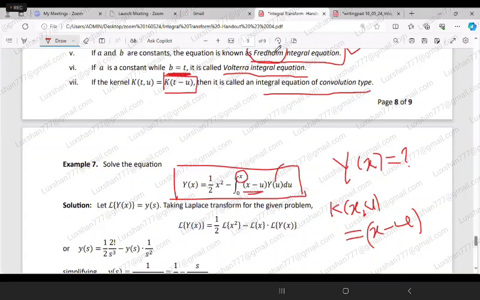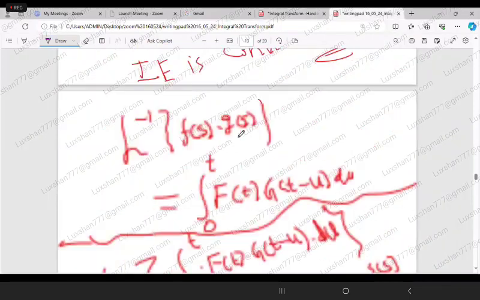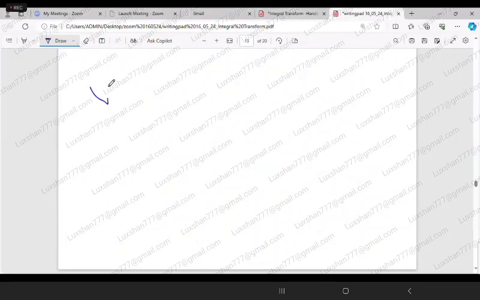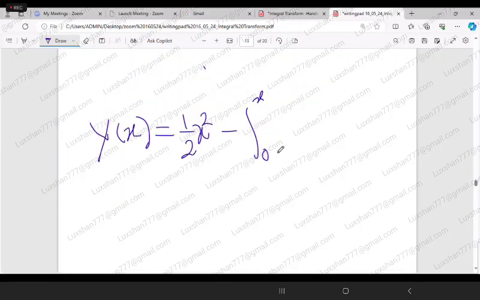Right? So let's try it in a different case and try to solve this. Y(x) is equal to half x squared minus the integral from 0 to x of (x − u) Y(u) du.